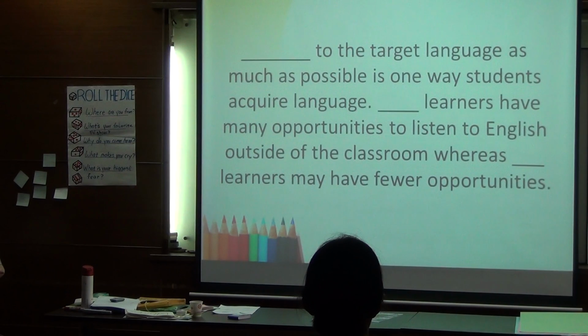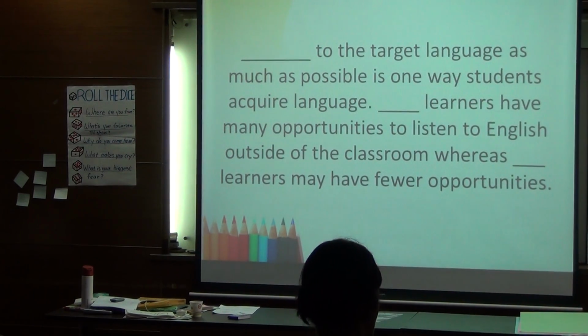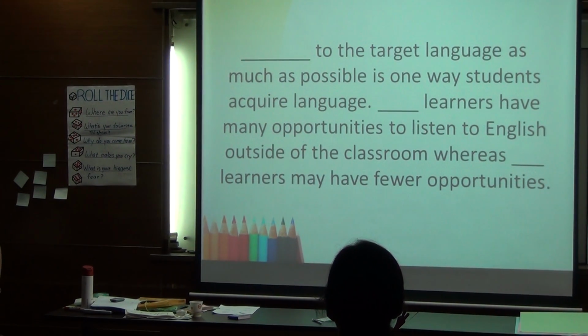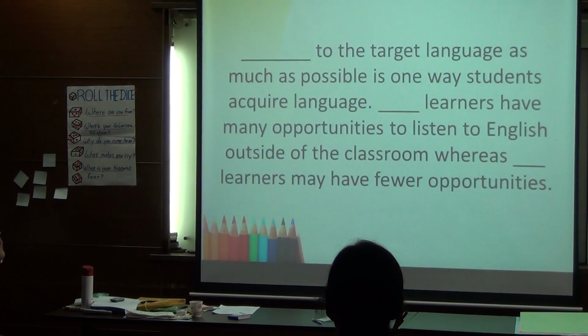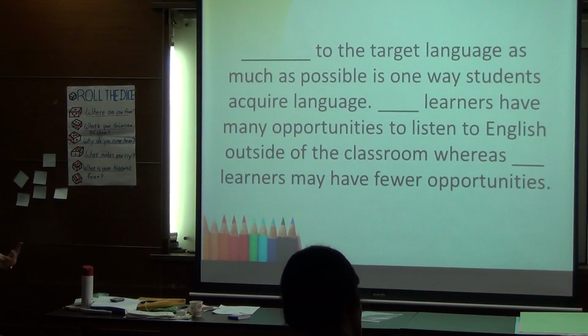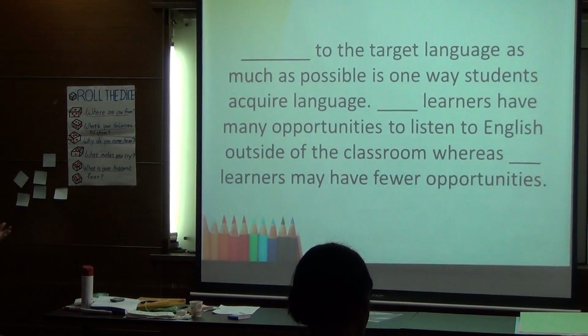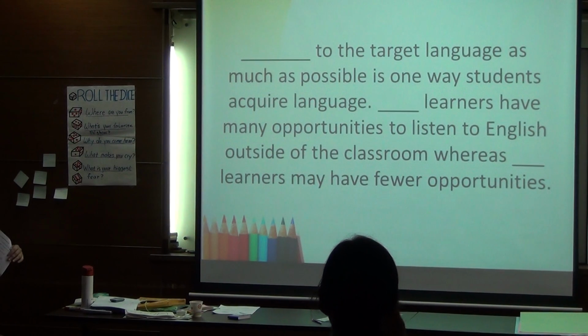So, any answers for the first one? Listening. Yeah, listening to the target language as much as possible is one way students acquire language. That is to remind us that classroom English is very important. And you should instruct in a comprehensible way as much as you can, because that will be their main way to learn the language. What about the second and third word?